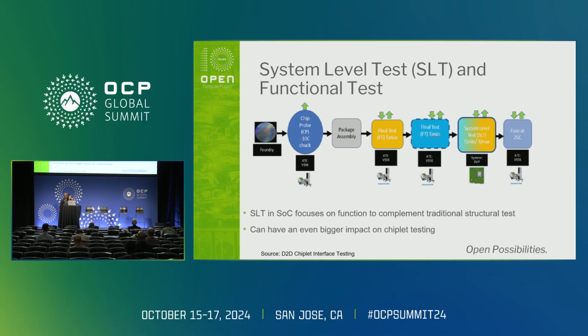Thanks, Rajesh. So system-level tests these days mainly focus on manufacturing defect-related tests, and they do include functional tests in the test plan, but they do not really reflect the use case environment.